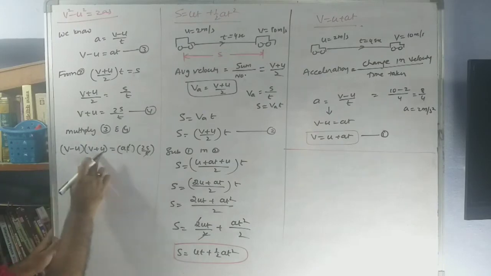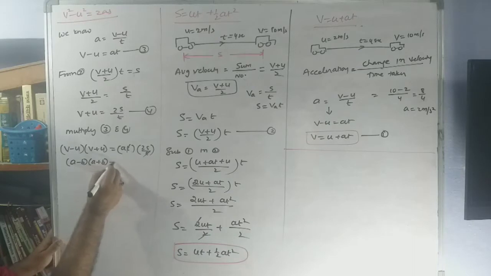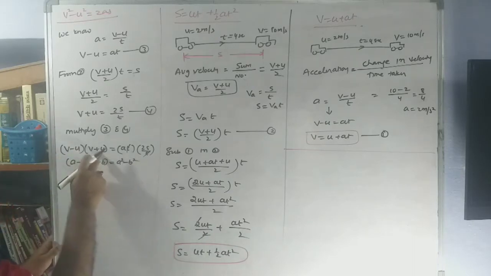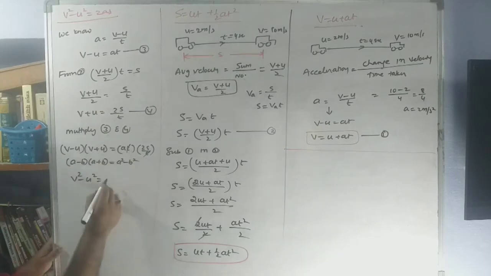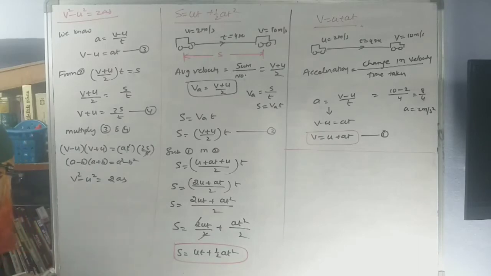So a minus b into a plus b is going to be a square minus b square. So v minus u into v plus u is going to be v square minus u square, and this is going to be 2as. So we got the third equation of motion also. These three equations we have got now.